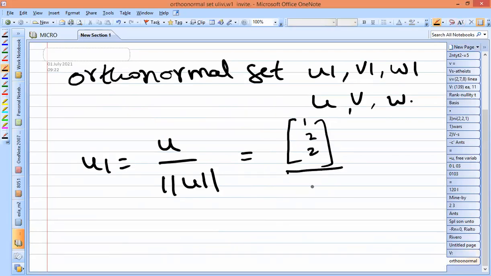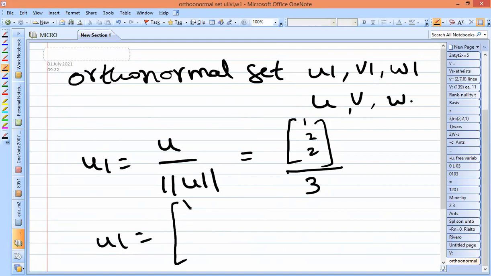Its length is how much? We have calculated that as 3. So each element within the set U has to be divided by 3. So we can write this as 1 by 3, 2 by 3, 2 by 3. So this is the orthonormal set.